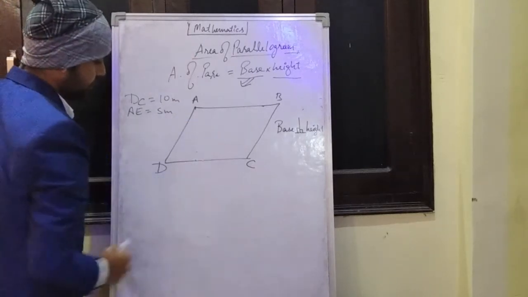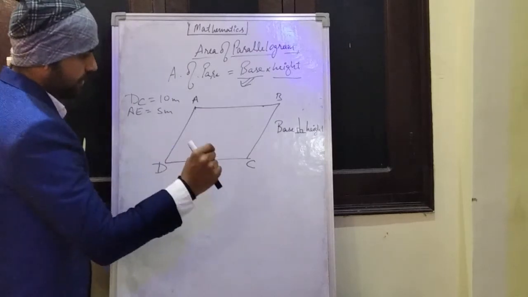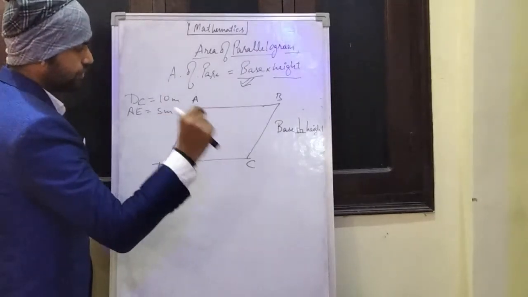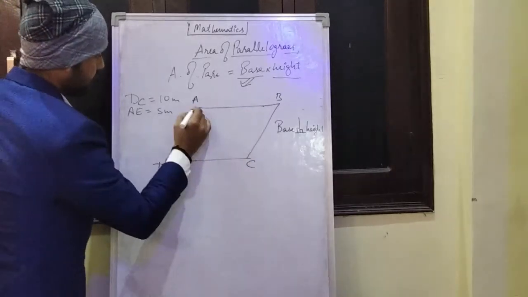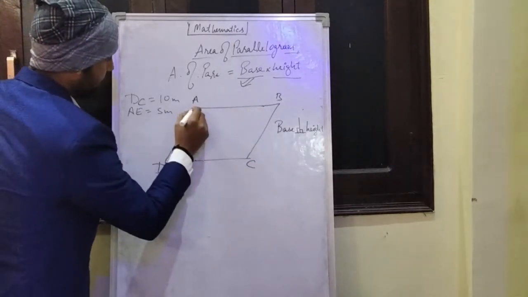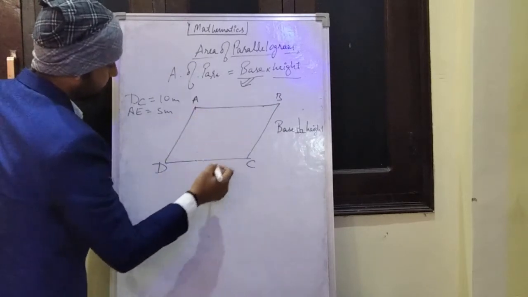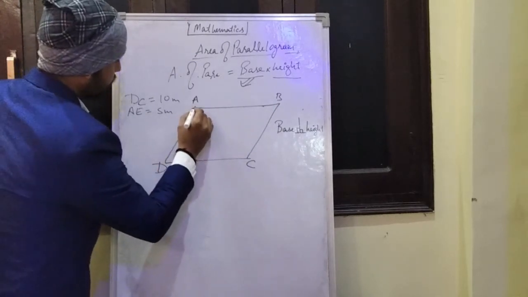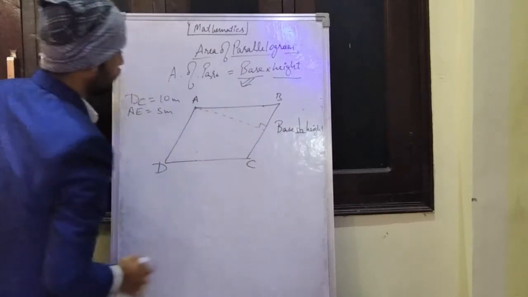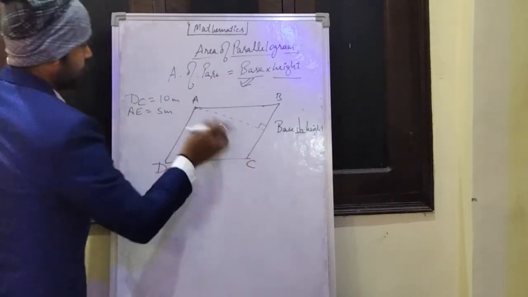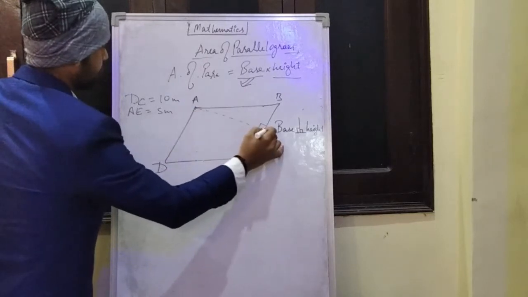It can be horizontal also. It should be perpendicular to the base. That is the main criterion. So if I take BC as a base, what will be the height? Let's take this as the height.